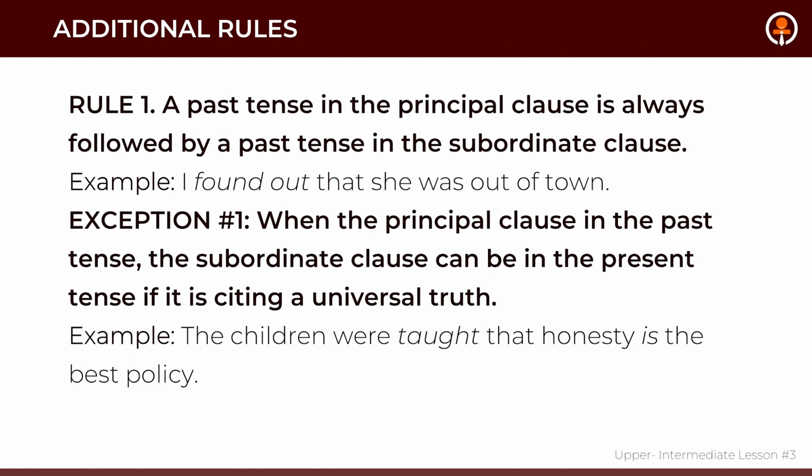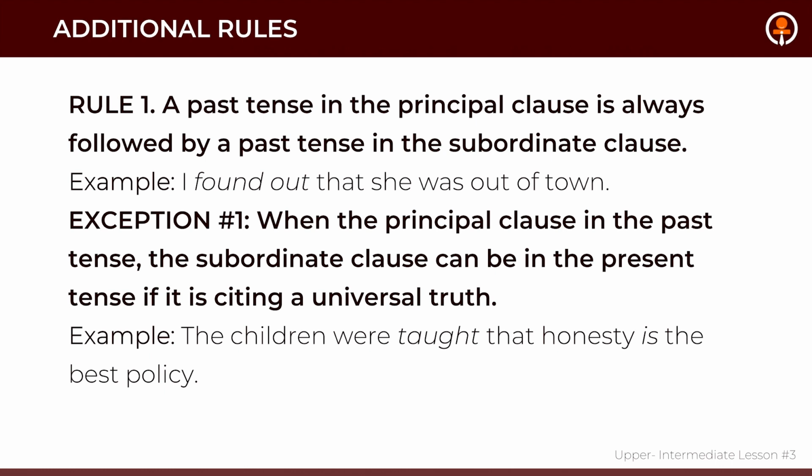For example, if the principal clause is written in the past tense, the subordinate clause has to be written in the past tense. For example, I found out that she was out of town. Both of them are in the past simple tense. But there are certain exceptions to this rule. Exception number 1: when the principal clause is in the past, the subordinate clause can be in the present tense if it is stating a universal truth.